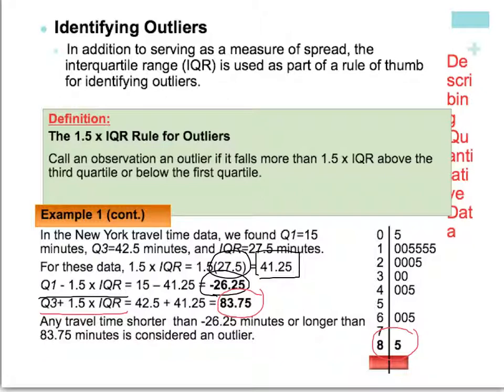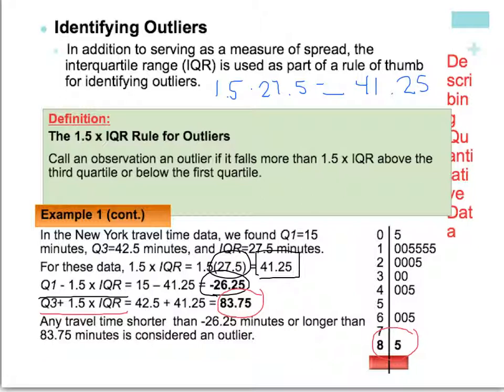I would, and you have to apologize, my writing's not always the greatest on this screen. I'd take my Q3 minus Q1. I showed that on the previous page, okay? 27.5. Multiply by 1.5, and I get that amount, that distance, the number of minutes that I'm willing to go out from the edges of my box and my box plot.